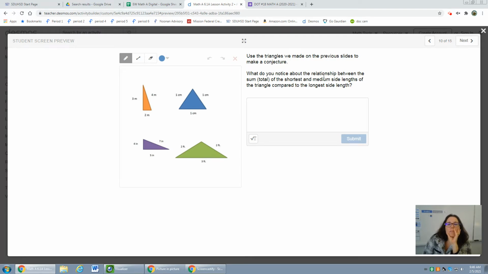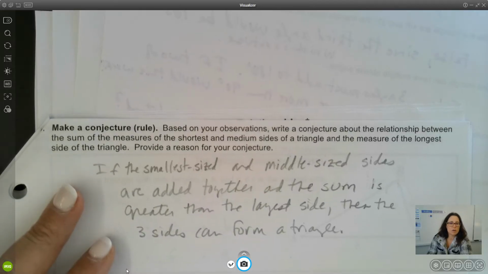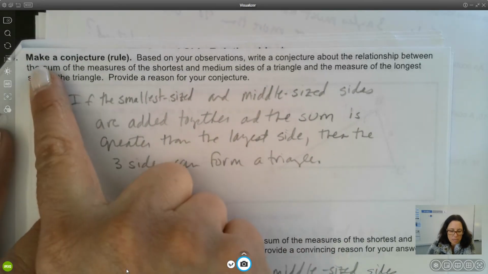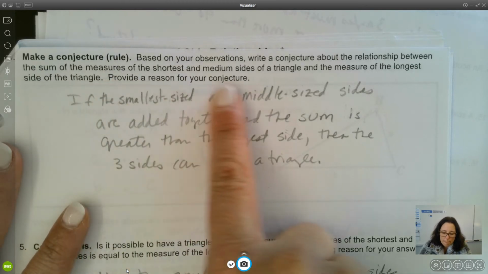What do you notice about the relationship between the sum total of the shortest and medium side lengths of the triangle compared to the longest side length? All right, are you noticing anything? Here is what I want you to write in your notes. We're making a conjecture, which is a rule.